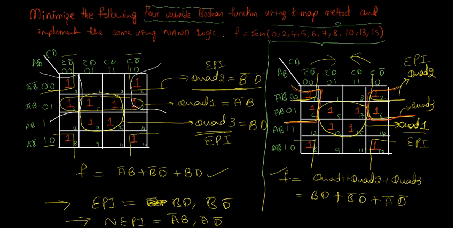In the second case, we started with the middle one and then went with the corners. Then we thought of grouping these particular 2 and these particular 2, and 6 and 0 and 4. So for that reason, you are not grouping the 4, 5, 6, 7. So out of the non-essential prime implicants, A bar B and A bar D bar, if you consider one of them, A bar B, then A bar D bar will be redundant.